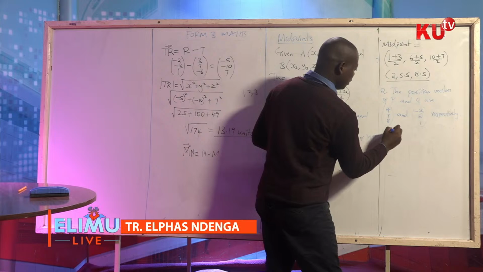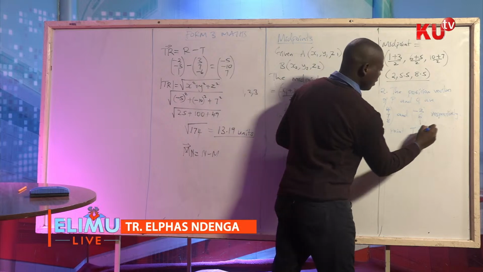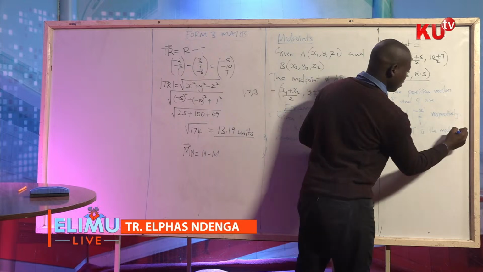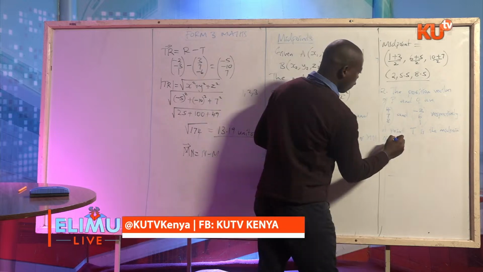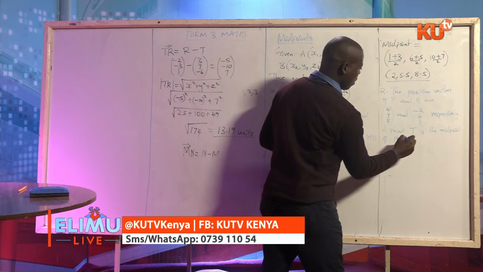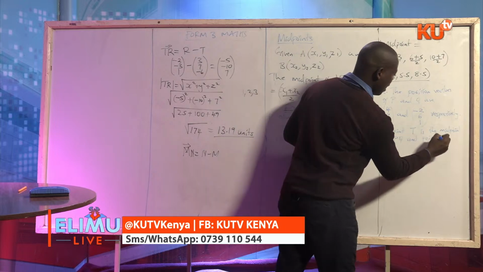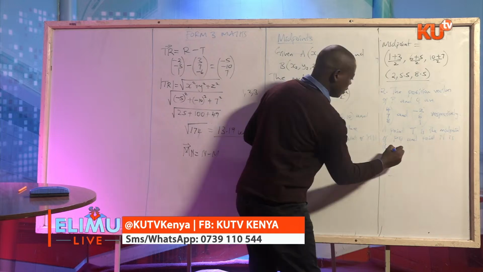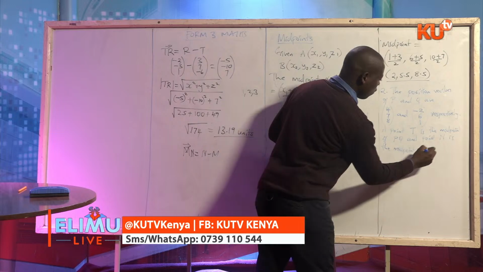A point T is the midpoint of PQ, and point N is the midpoint of OP.